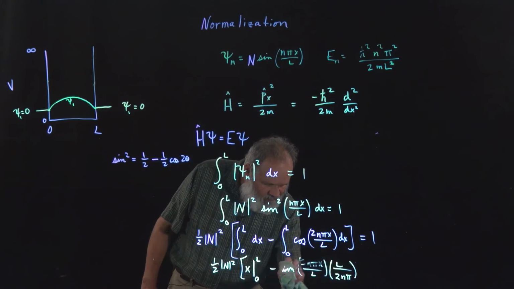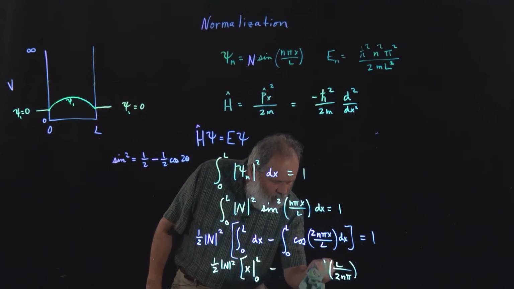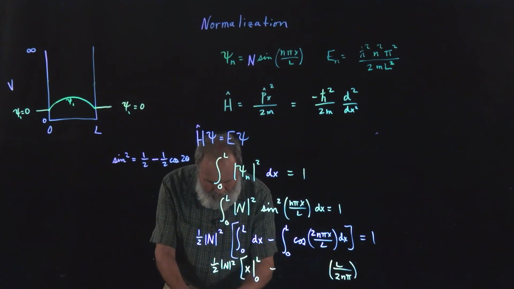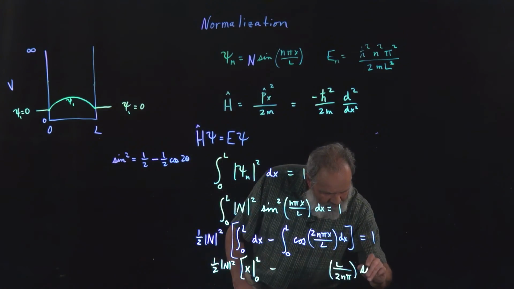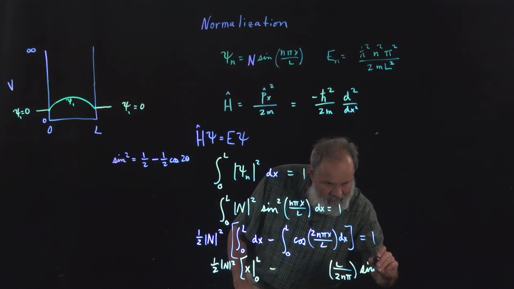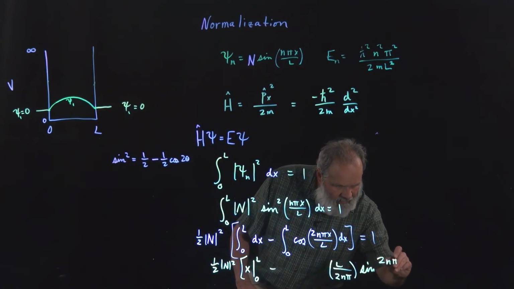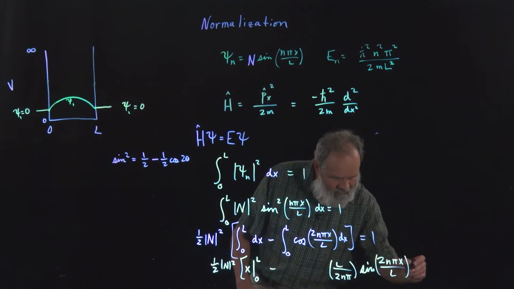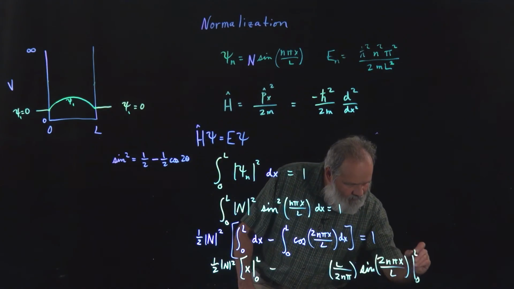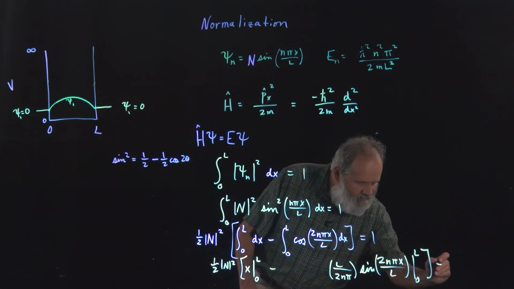It's not. So let's do it this way. Minus this times sine of the double angle, 2n pi x over L. All right, now this is from 0 to L as well. And all that's equal to 1.